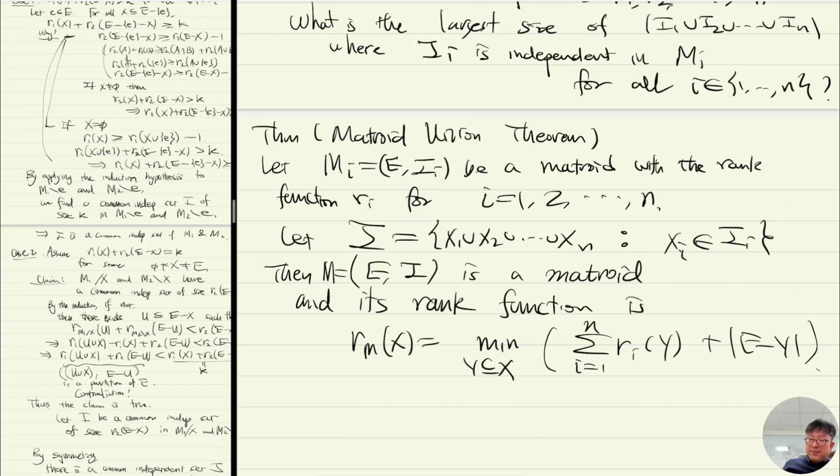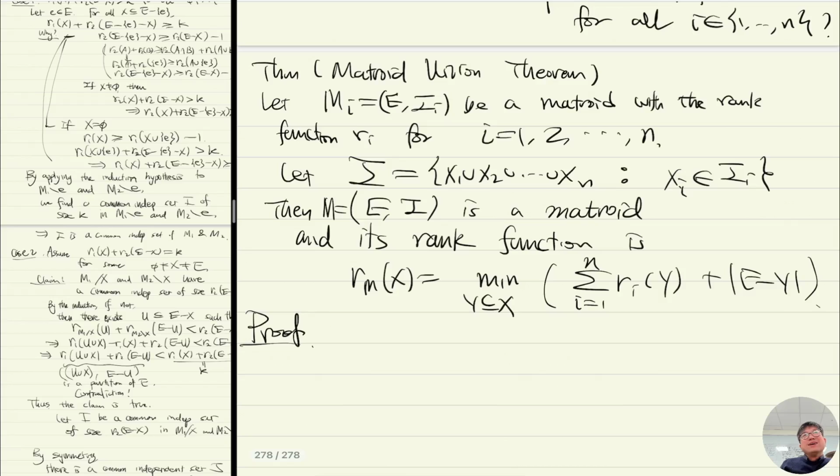That's the theorem. All right. So the intersection of two matroids is not necessarily a matroid, but the union of two matroids is a matroid.